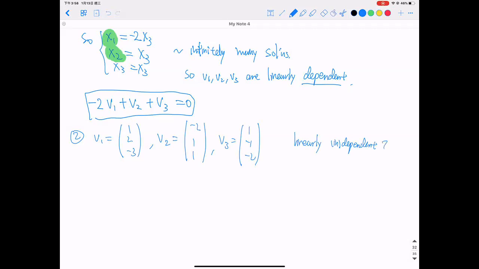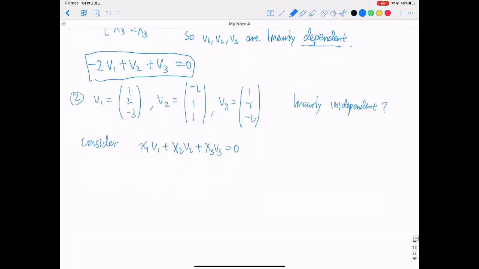Again, that amounts to considering the following linear equation of vectors, which is the following linear system.